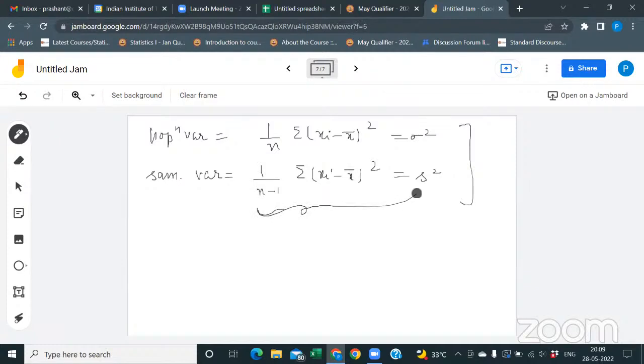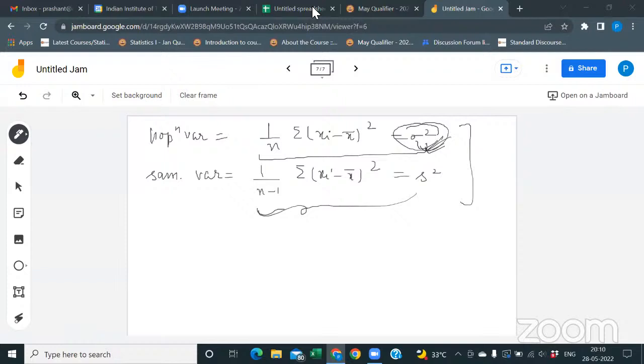Ma'am has used this formula, but you have to use this one, with the 1 by n. Okay, sir, thank you. So should it be used always, or just for population variance? In point-biserial, you have to always use the population sigma square, the population standard deviation.